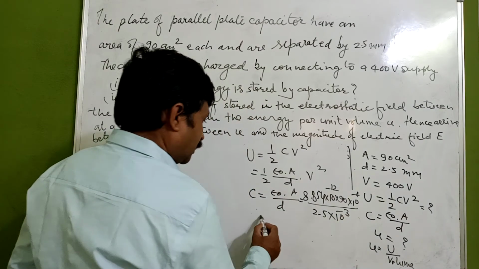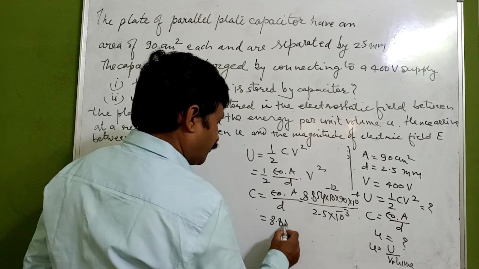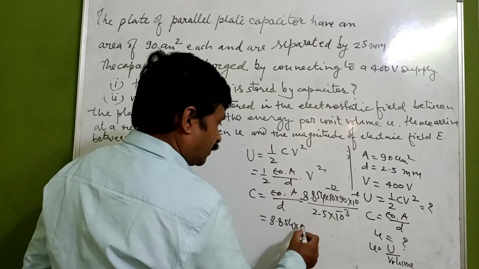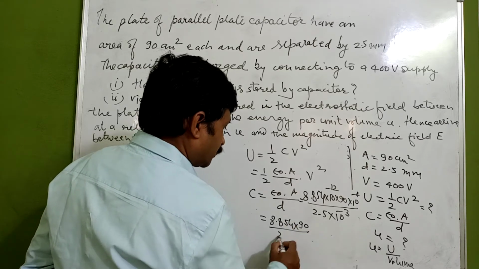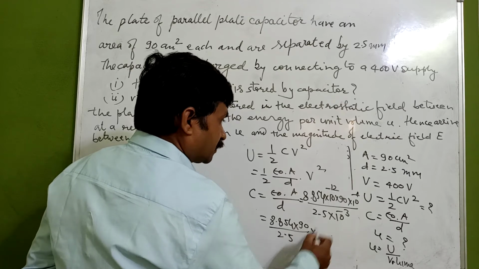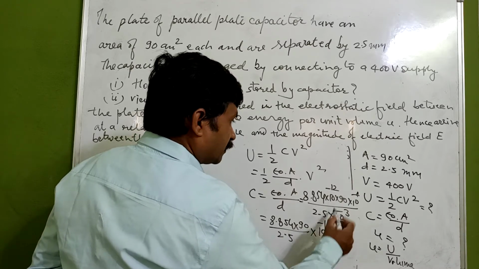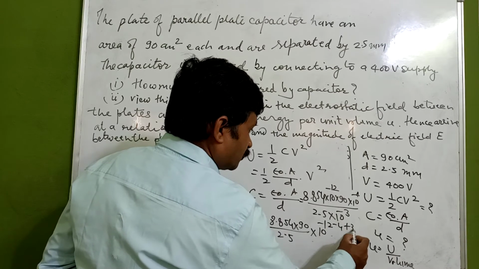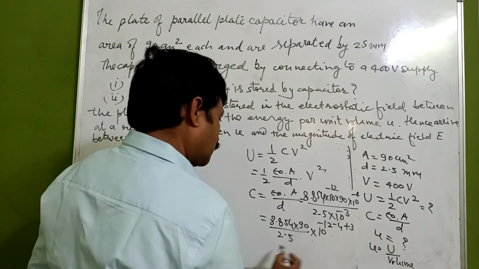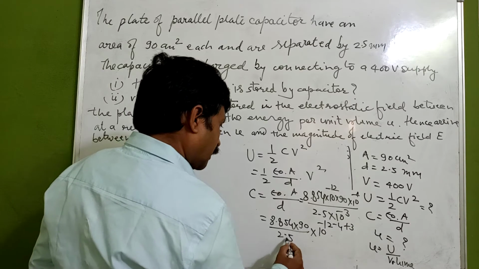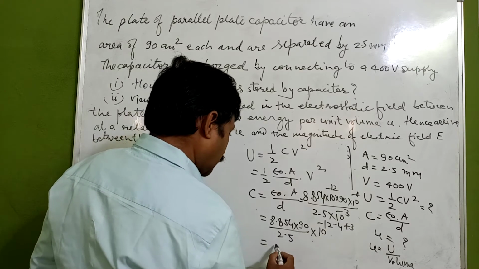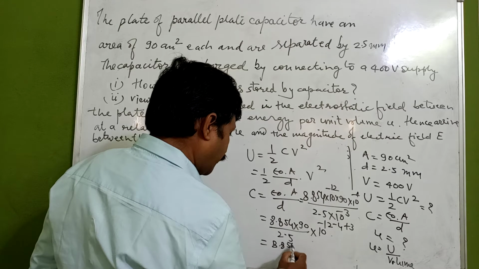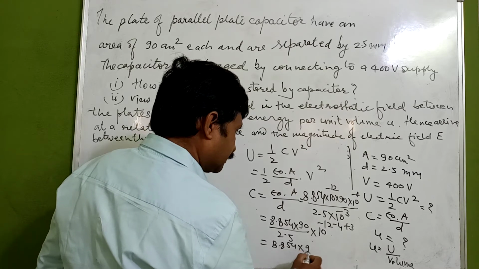So here what we are getting, 8.854 into 90 divided by 2.5, and these all powers will get like this. 12, this is going to be minus 4 and it is going to be plus 3. So minus 16 and another power, it is 8.854 into 9.